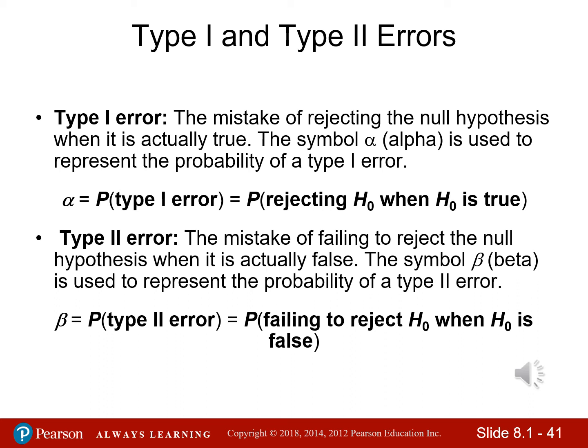A type 2 error is the mistake of failing to reject the null hypothesis when it is actually false. The symbol beta is used to represent the probability of a type 2 error. So beta is equal to the probability of a type 2 error, or the probability of failing to reject the null hypothesis when the null hypothesis is false.